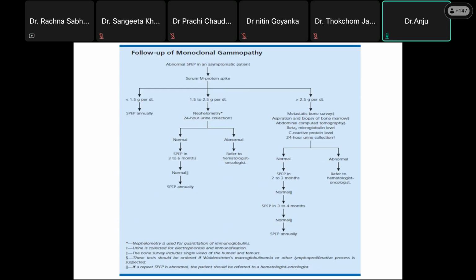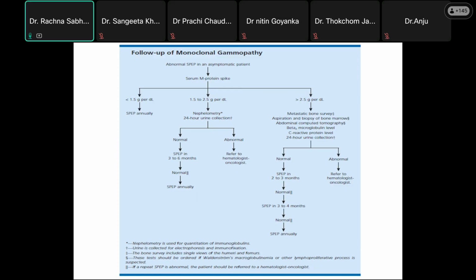Now, what is the further course of action? Once you see an M protein spike on the serum, if the levels are less than 1.5 grams per deciliter, you keep a follow-up and perform serum protein electrophoresis annually. This chart we have to actually paste in our lab where we are performing these investigations.